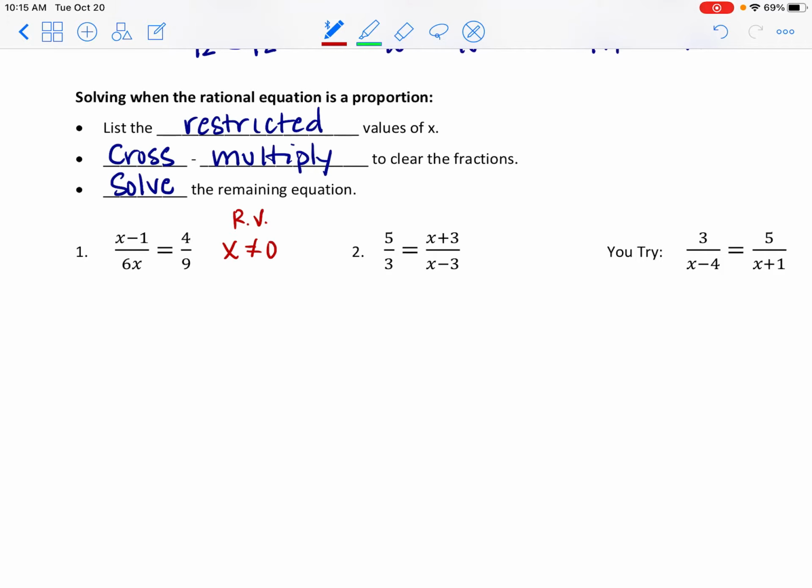Okay? And now if I cross multiply, here I'm going to be multiplying 4 times 6x. And then if I multiply here, I'm going to have to distribute 9 to the x minus 1. And because this is a proportion, those cross products have to be equal.